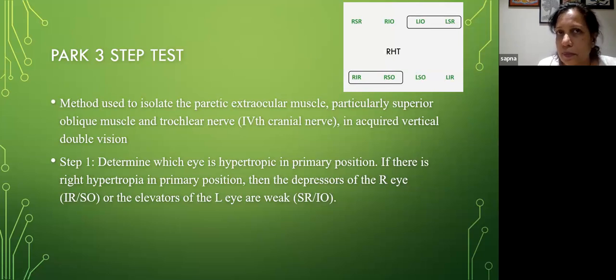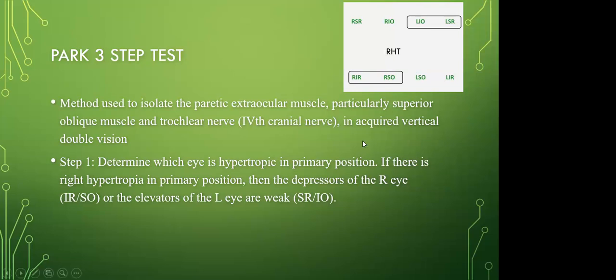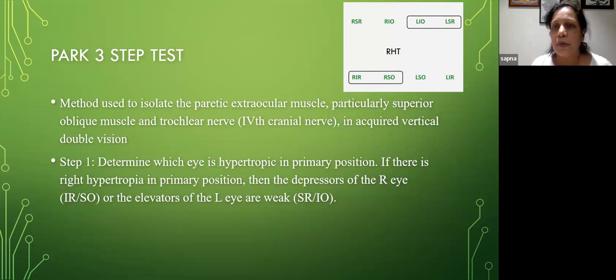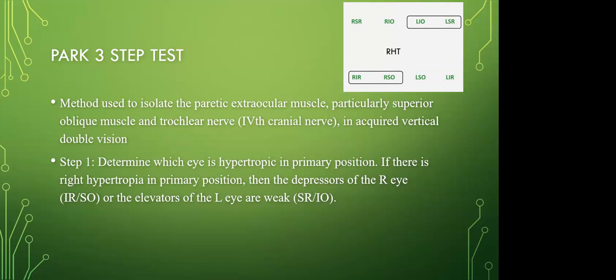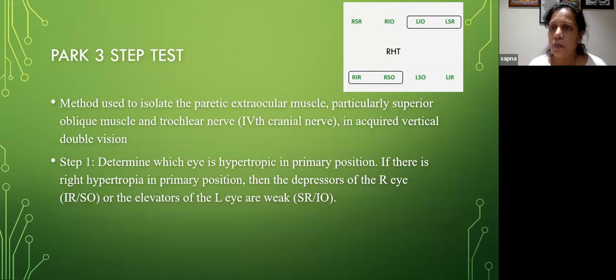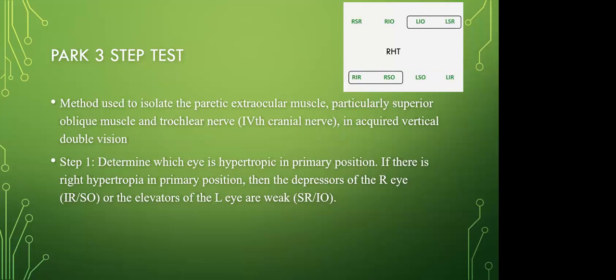Are you able to follow? It's the obliques which are working here, no? No, see the right hypertropia, right side is up. So it can be because of the right side inferior oblique and depressors underacting, paralytic, or the left side is hypo because its elevators are underacting. So this is step 1.